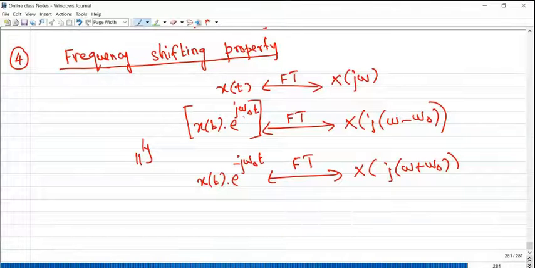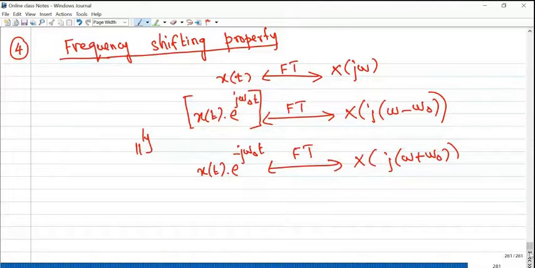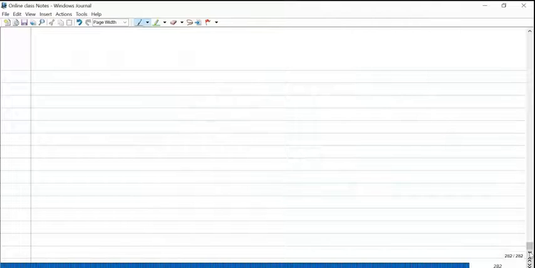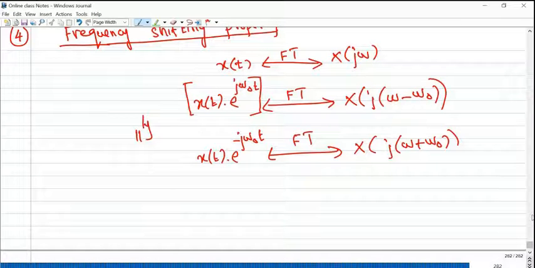Here plus in the exponent means minus in the transform; here minus means plus. Time shifting means x of t minus t naught. Frequency shifting means x of t multiplied with an e power component.